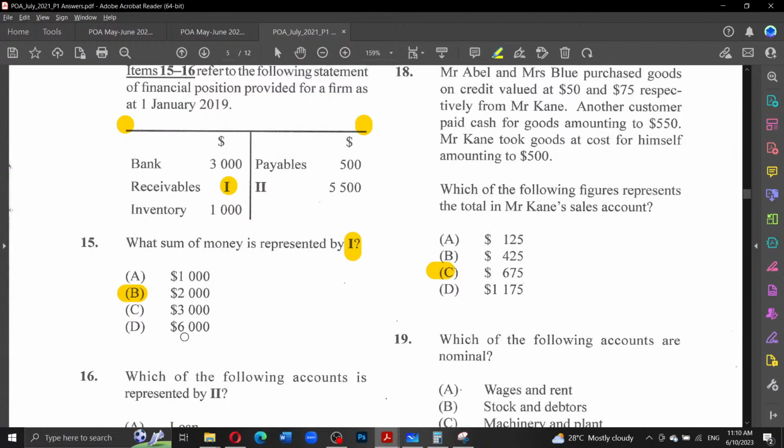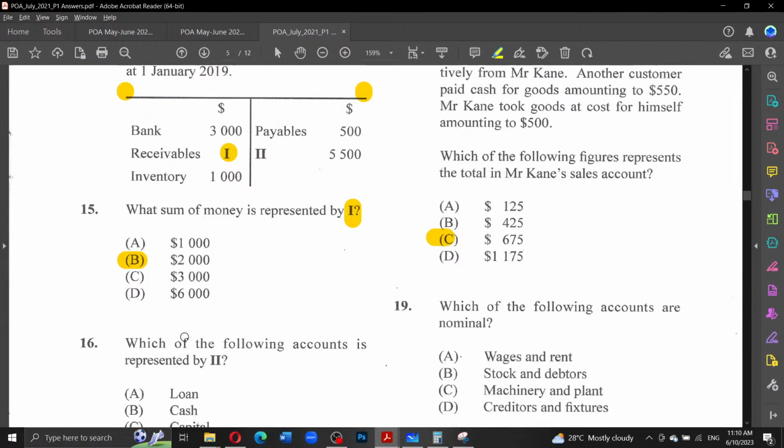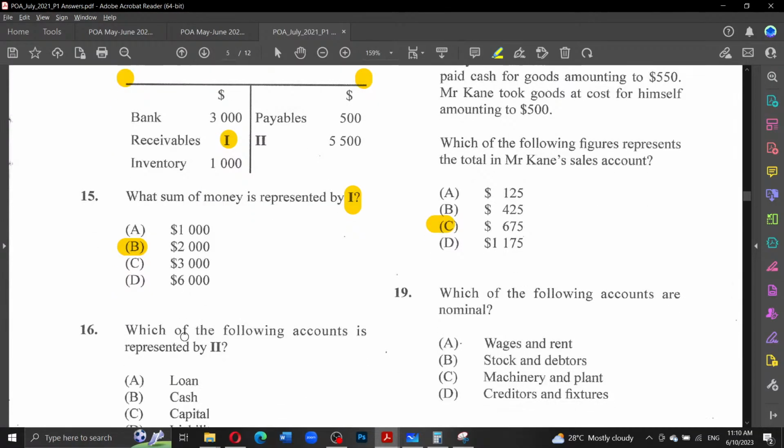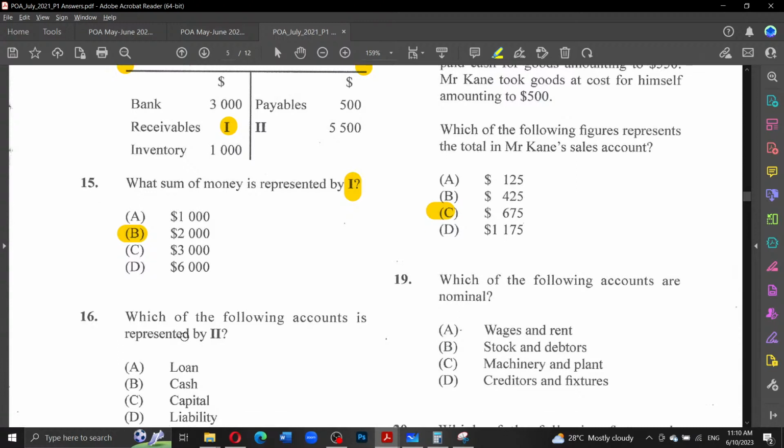Which of the following accounts is represented by 2? Loan. Okay, loan can be correct. Cash, capital, liability. Alright, we can't use liability because liability is not specific. Look, here we have payables, and payables is quite specific.